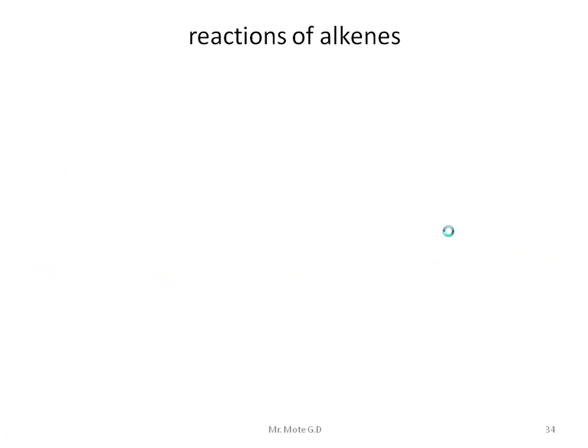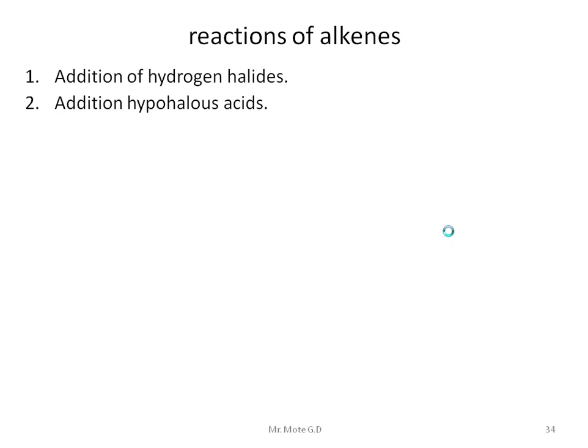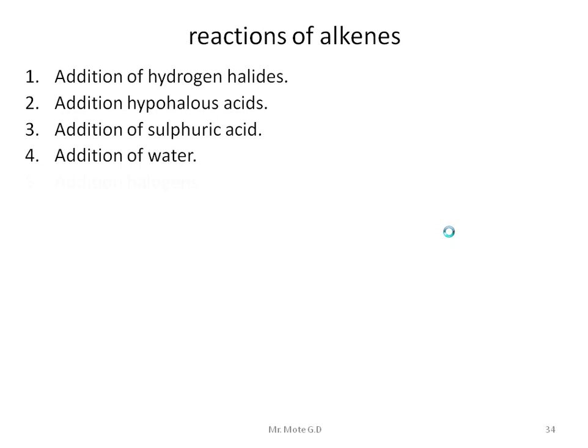Then we will discuss the reactions of alkene. First reaction, addition of hydrogen halides, HBr, HI, HCl. Then second reaction, addition of hypohalous acid, that is HOCl. And third, addition of sulfuric acid. Fourth, addition of water. Fifth, addition of halogens.